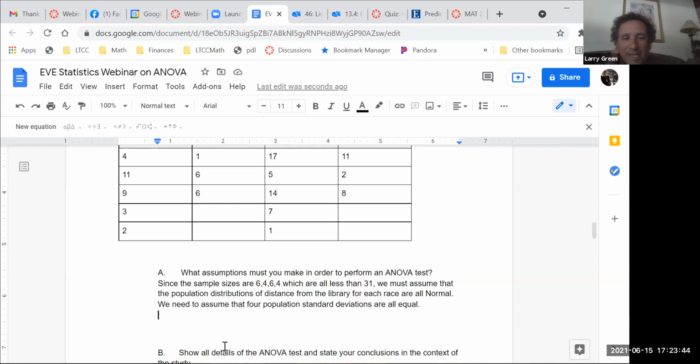You need to assume there's no bias in the sampling. Or in other words, the samples are representative of the population. If they use simple random sampling, that would do it, but there's other ways too.